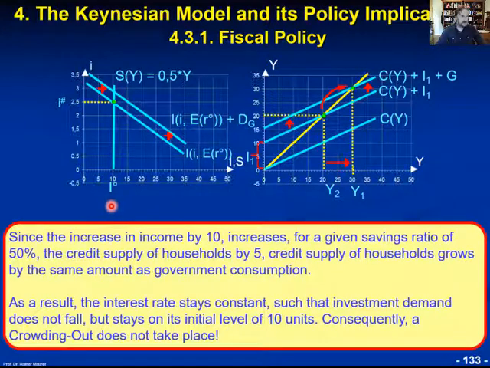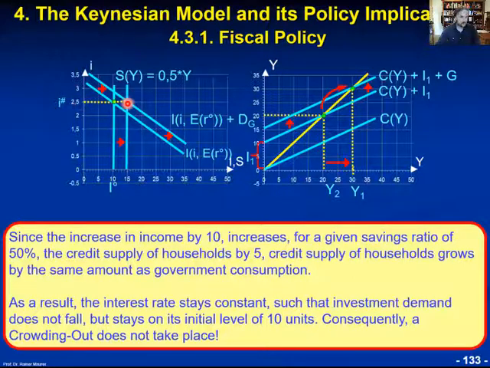So this means that savings supply grows also by the length of one little quad. As a result, credit demand grows by the same amount as credit supply, and the interest rate stays constant.